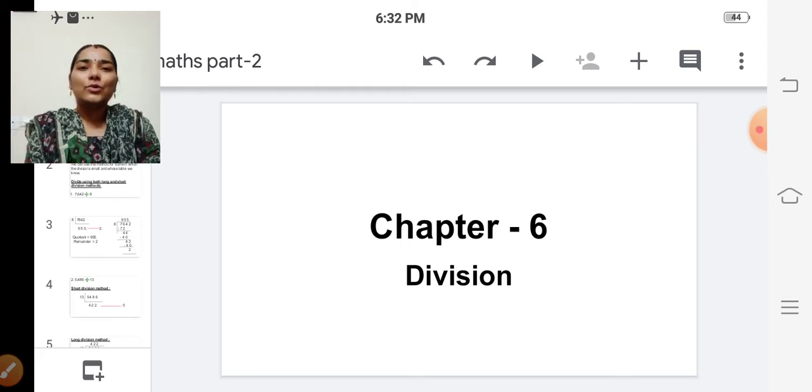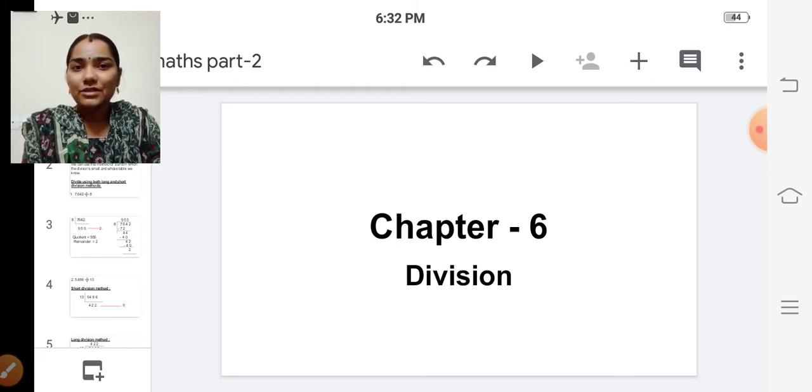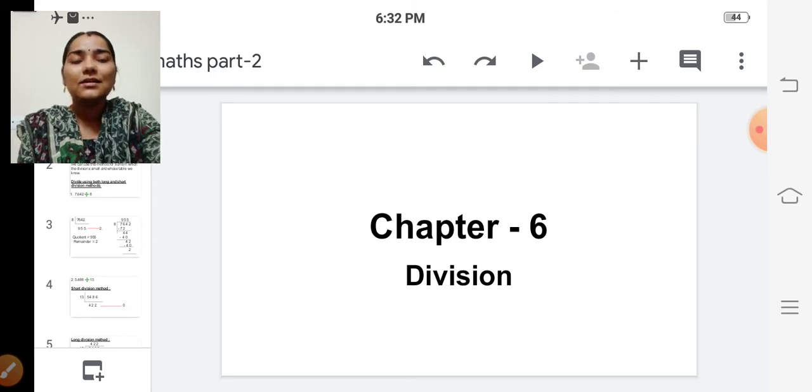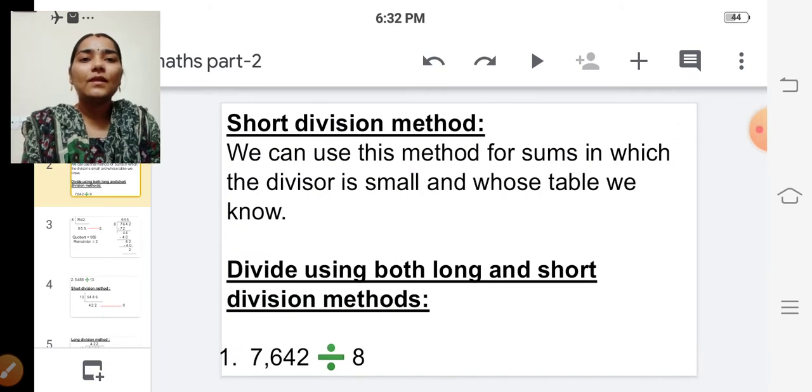Yes. So today we are going to learn a new division method to divide numbers, which will be very simple and easy, and which will reduce the lengthy method. Okay, let's learn. The method is the short division method. We can use this method for sums in which the divisor is small and whose table we know.